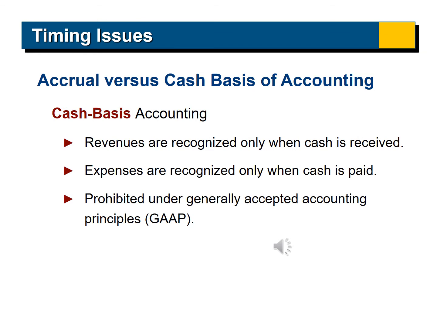However, the cash basis accounting is different, because in cash basis accounting, revenues are only recognized when cash is received, regardless of when the service is performed. And the expenses are recognized only when the cash is paid, regardless of when the expenses are incurred. Cash basis accounting is not allowed under the generally accepted accounting principles.